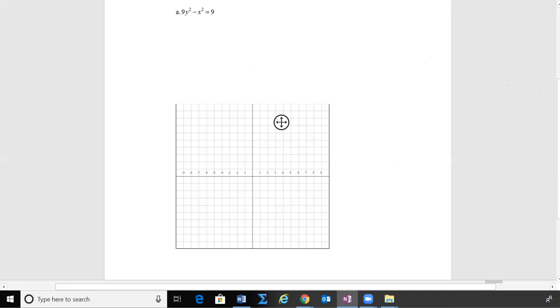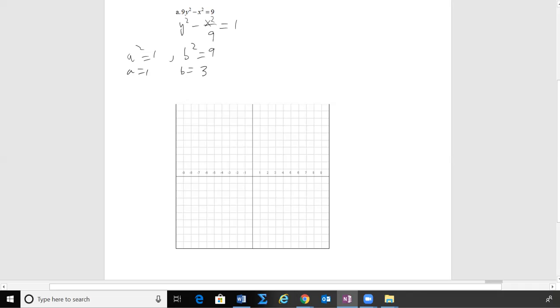So here's our first example. First thing is to get it into standard form. I'm going to divide by 9. That shows me that a squared is 1 and b squared is 9. So a is 1, b is, sorry, 3.